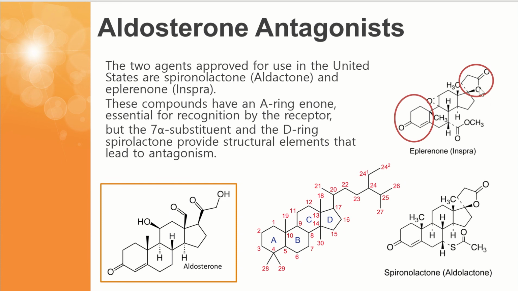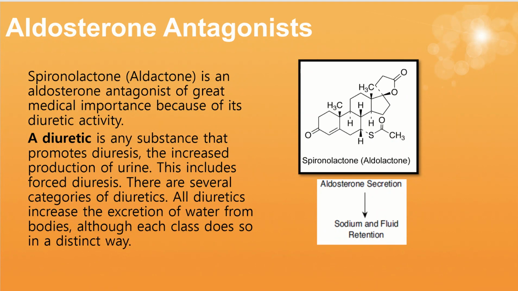This is the main way that both of them differ in structure from aldosterone. So they have something similar to aldosterone, which is the ring A enone, and something different, which is a 7-alpha substituent and the D-ring spirolactone. The enone causes it to be recognized by the receptor, and the differences lead to the antagonism.